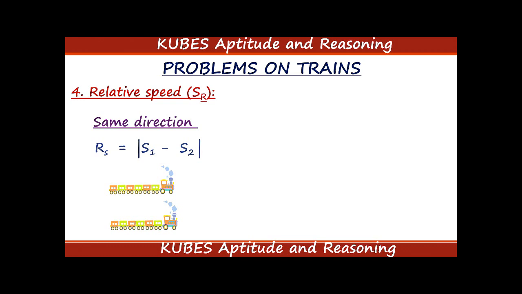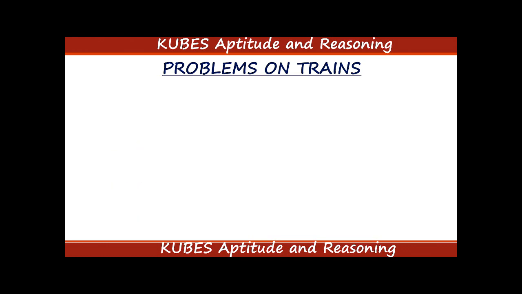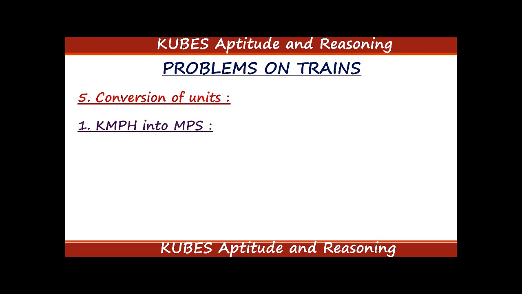And the last point, that is the fifth point: in some problems we need to convert the units. That is, we should convert kilometer per hour into meter per second, and sometimes meter per second into kilometer per hour. If you want to convert kilometer per hour into meter per second, then multiply by 5/18.